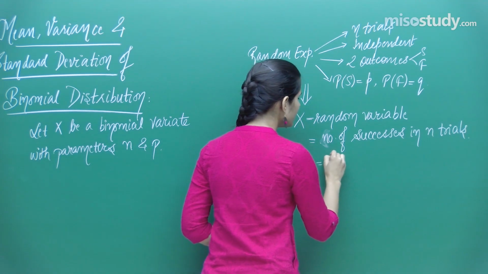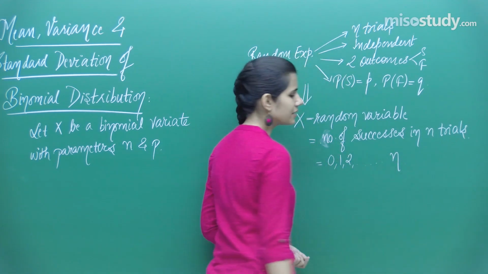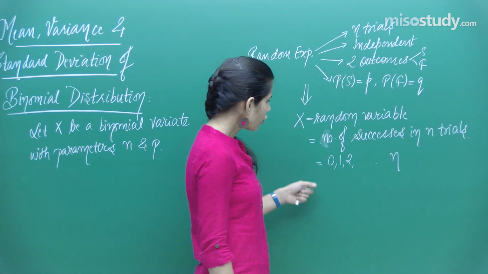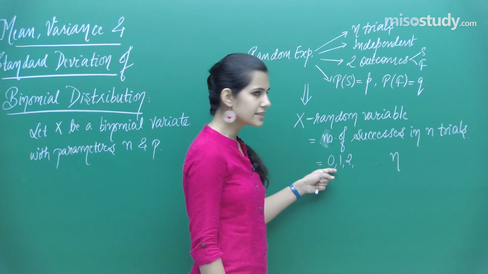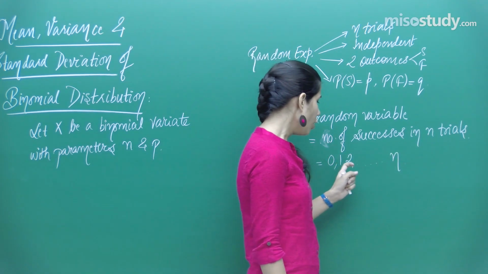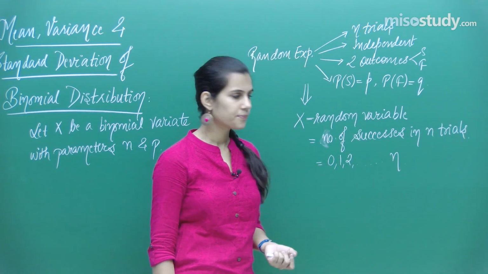X can assume values 0, 1, 2, 3, 4 and so on up till N. These are all the values which capital X can assume, because in N trials you can have 0 successes or 1 or 2 or 3 and so on, at the max all N successes.